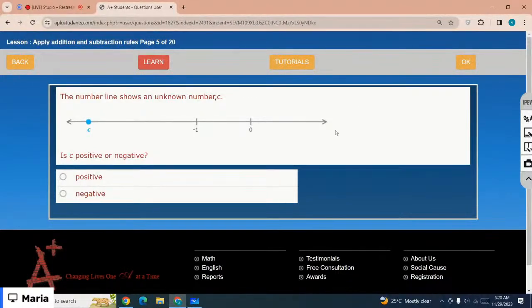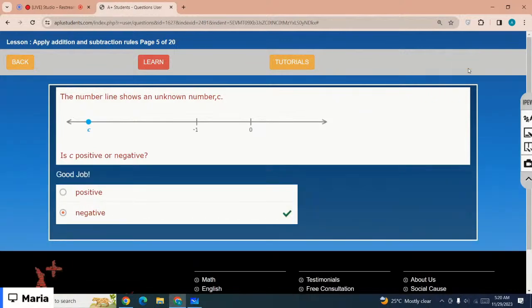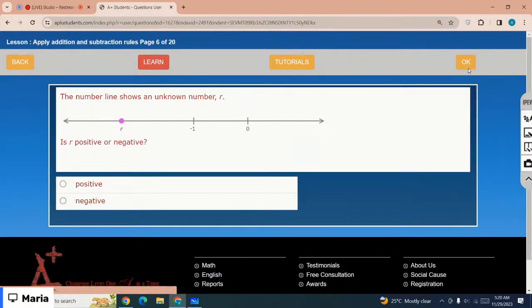Yes, c is negative because that is on the left hand side of 0. The number line shows an unknown number r.